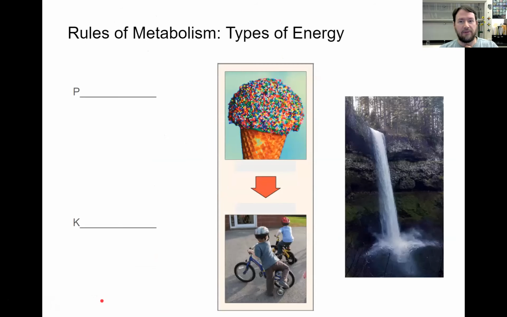Before we can even start talking about metabolism, or really the rules, we have to think about what we are talking about. Essentially, we're talking about transformations of energy. There are a lot of different types of energy that we could think of, like chemical energy or gravitational energy or electrical energy or nuclear energy.